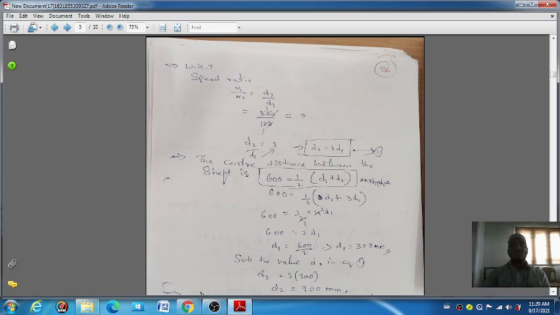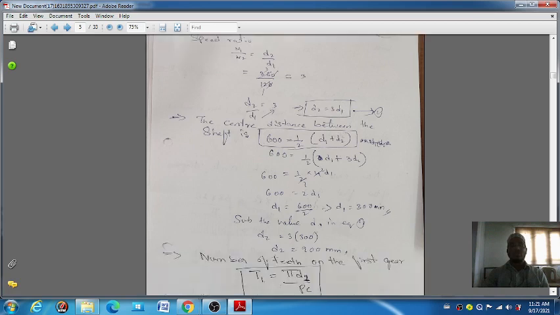Just take the 1 by 2 common and substitute the value of D2; or else you can put the value in the calculator. D2 is 3 D1, and D1 plus 3 D1 is 4 D1. The 2 cancels, 2 D1 is equal to 600. Then you will get D1 is equal to 300 mm. Now substitute the value of D1 in D2, then you will get D2 also. Like this, D1 and D2 you are getting.